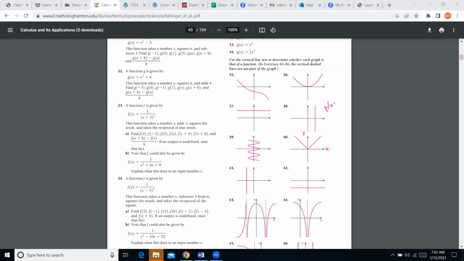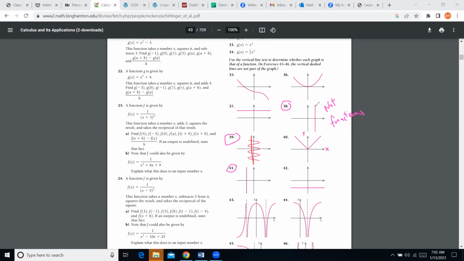So what are those? Well, it looks like the ones we had in exercise 39 and exercise 38, as well as exercise 41. So these three are not graphs of functions because we can always find a vertical line that will cross them at more than one place.